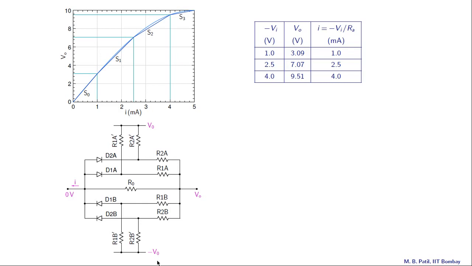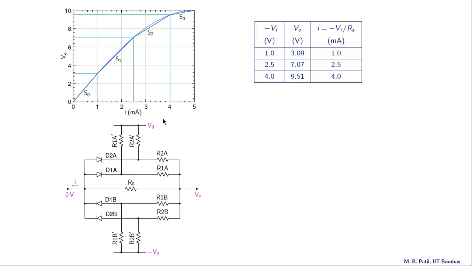And now let us see what information we already have. We have these breakpoints in the input voltage, and we have calculated the corresponding breakpoints in VO as well as in the current I. Here is the plot of VO versus I, and these are the breakpoints 1, 2, 3. In addition, of course, we know that with I equal to 0, we will have VO equal to 0.